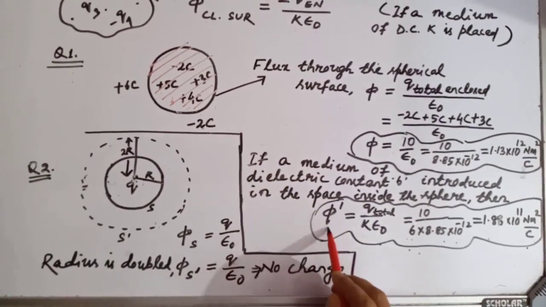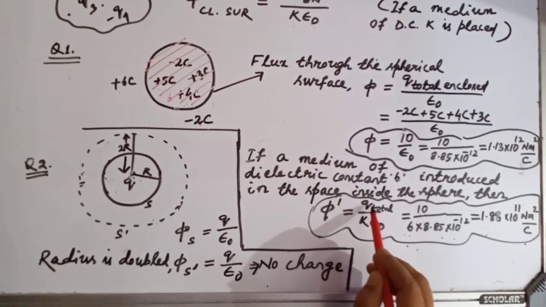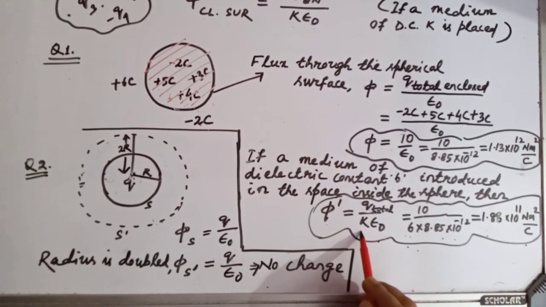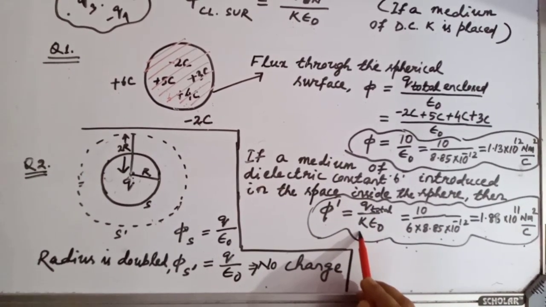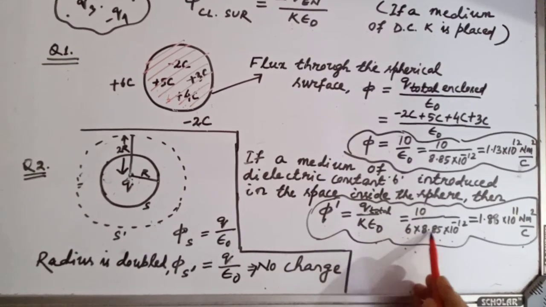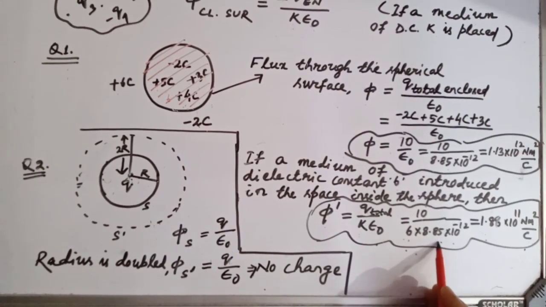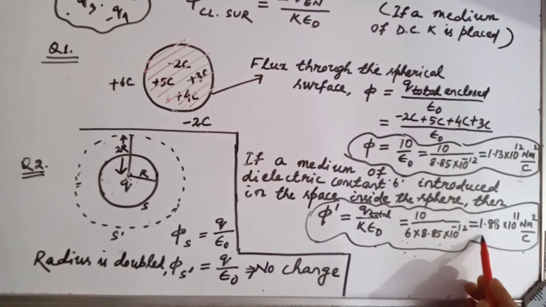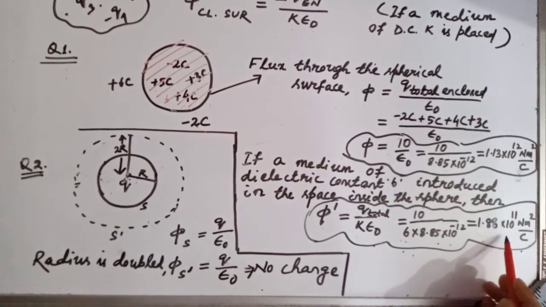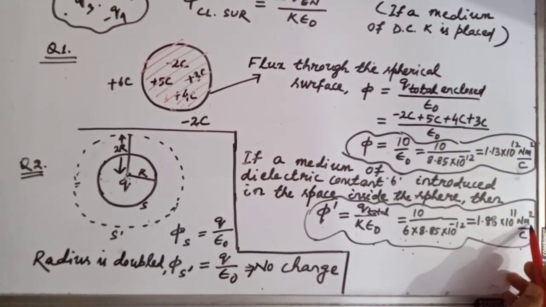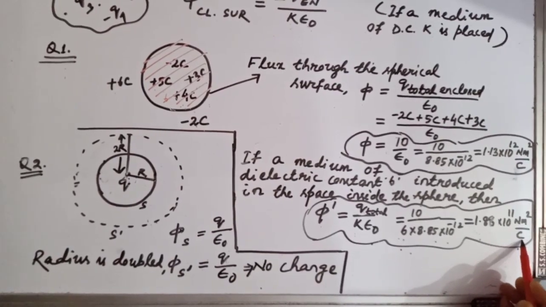Now this is phi dash is equal to total charge divided by K epsilon naught. It is equal to 10 divided by 6 into epsilon naught, that is equal to 1.88 into 10 to the power 11 Newton meter square by coulomb.